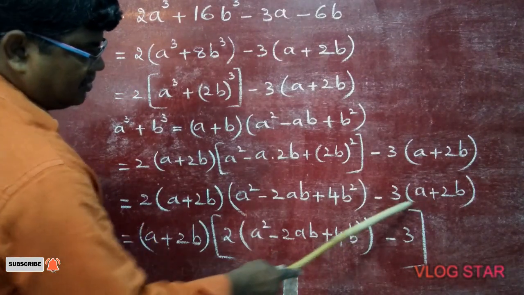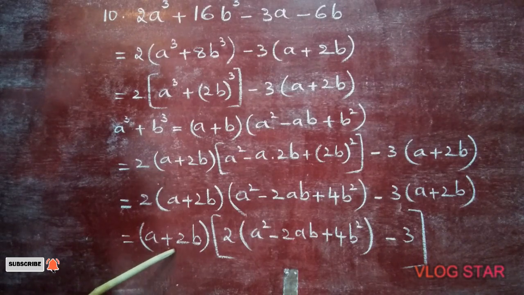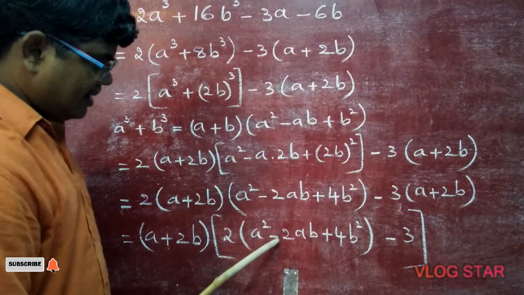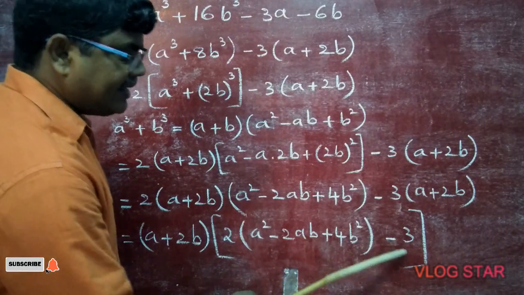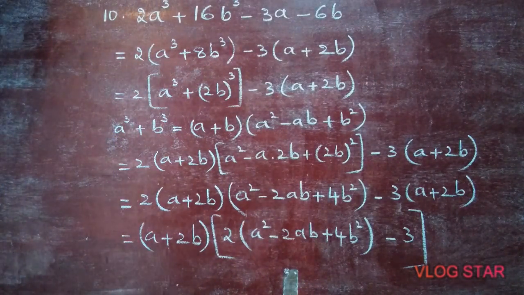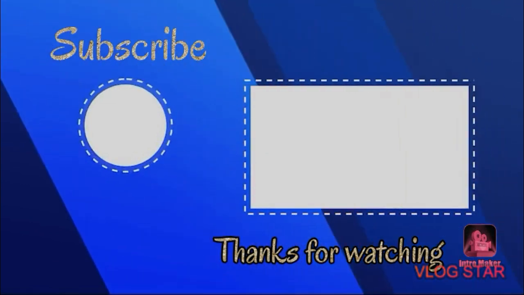And we have taken common. Again minus 3 is left. So this is the final answer. A plus 2b into 2 into a square minus 2ab plus 4b square minus 3.